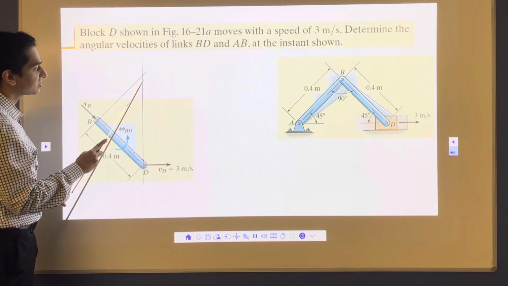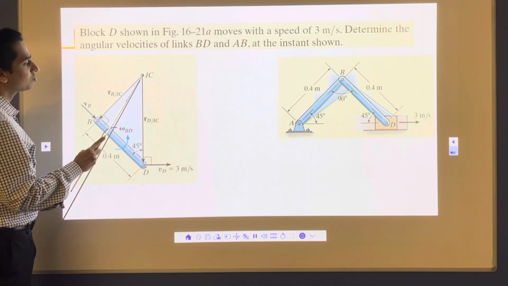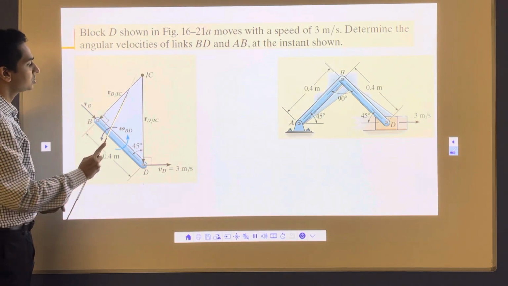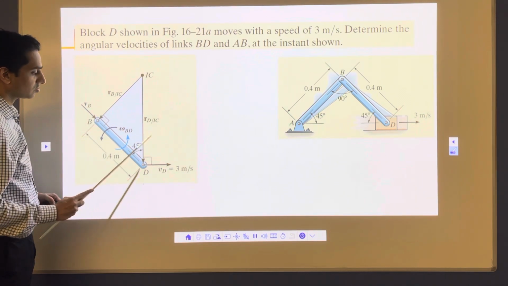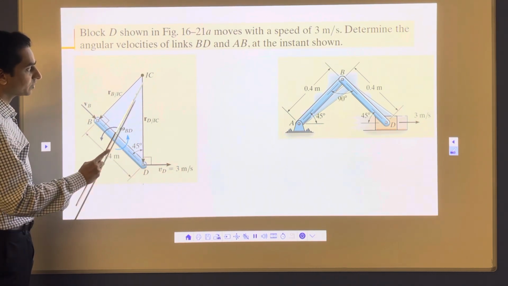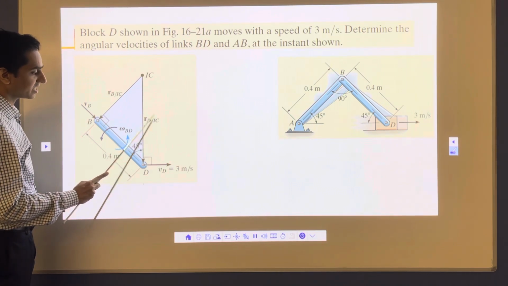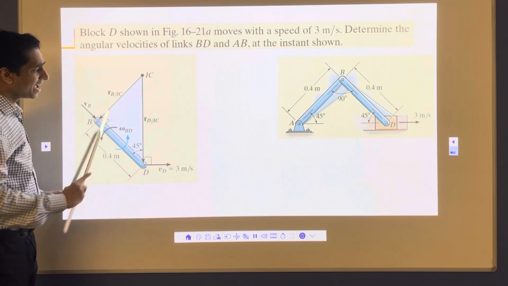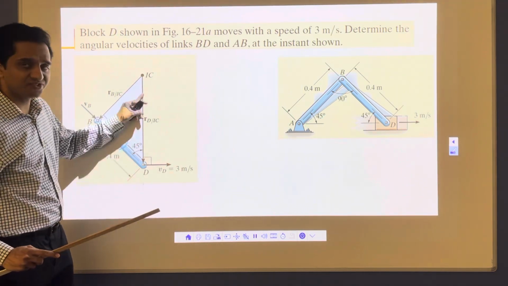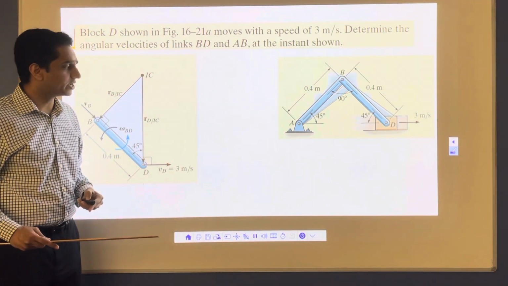So here is my instantaneous center of zero velocity, and I'm going to mark it down and get my positions: R_B/IC, the position of B with respect to the instantaneous center of zero velocity, and R_D/IC, the position of D with respect to the instantaneous center of zero velocity. Now that I have this triangle, why do we do it?